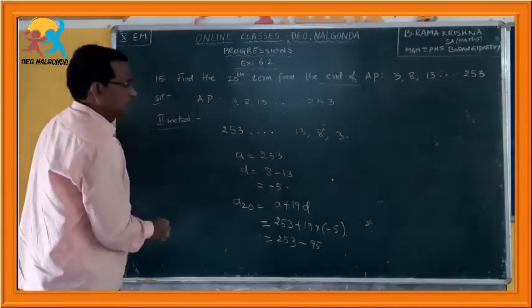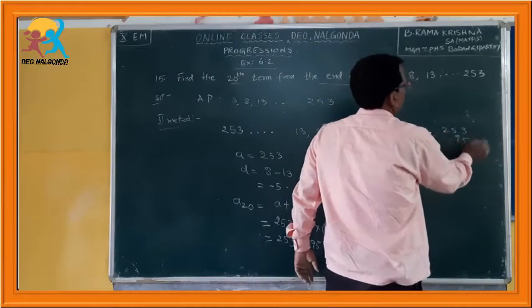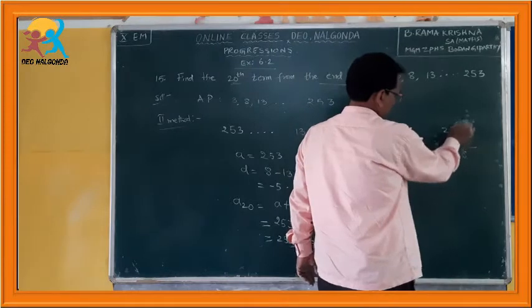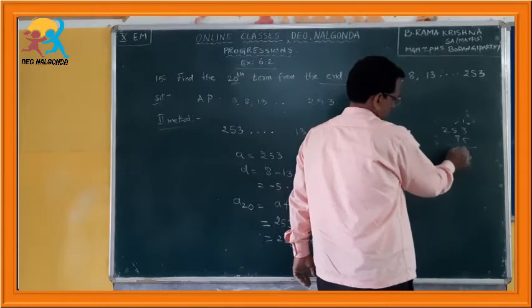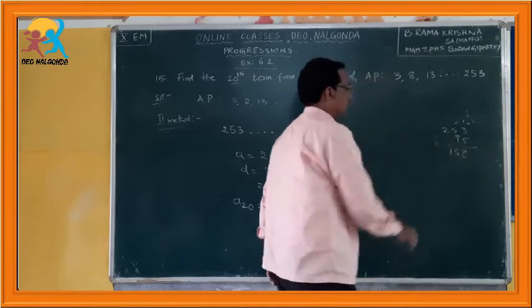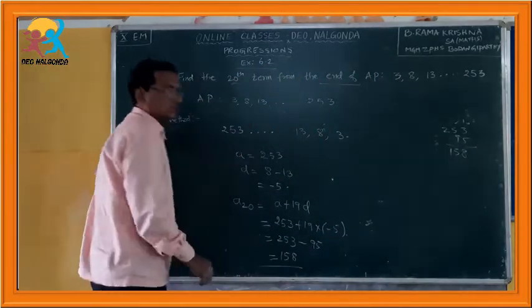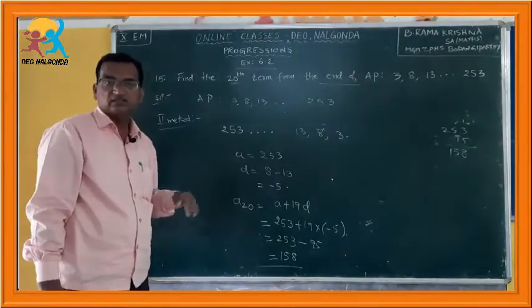If you subtract 95 from 253, you get 13 minus 5 is 8, 14 minus 9 is 5, 1. Therefore, 158 is the answer. In the previous method also, I think we got the same value.